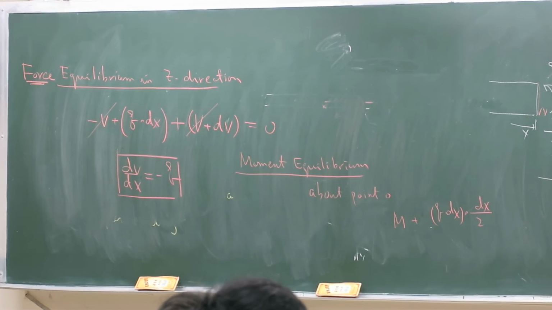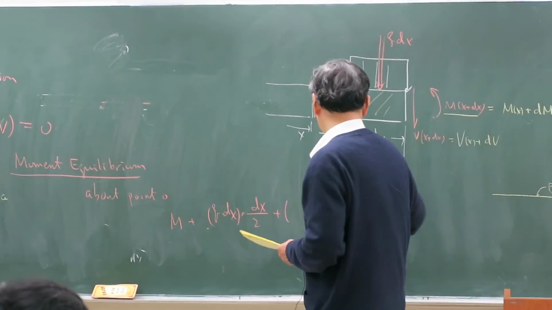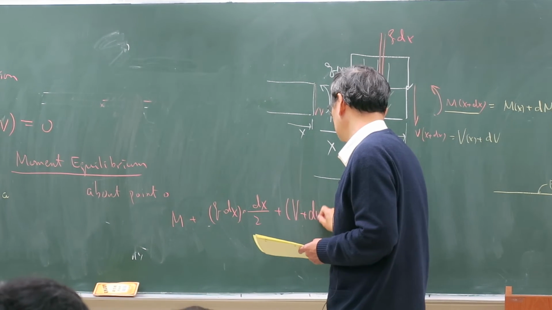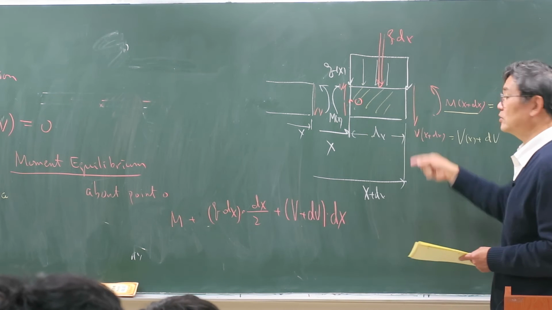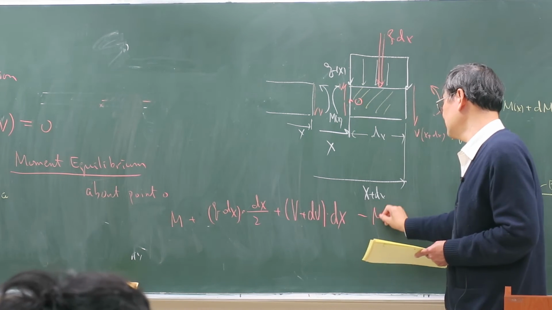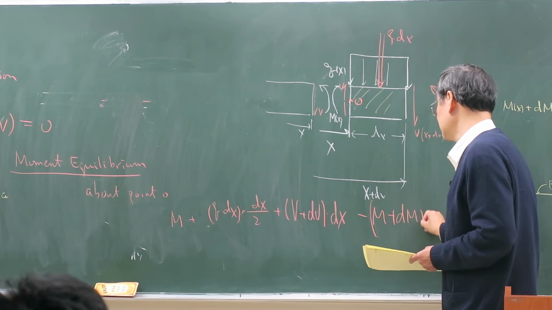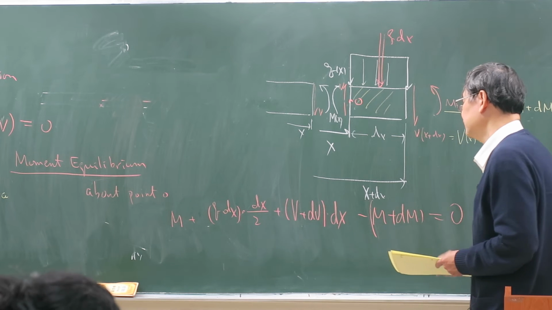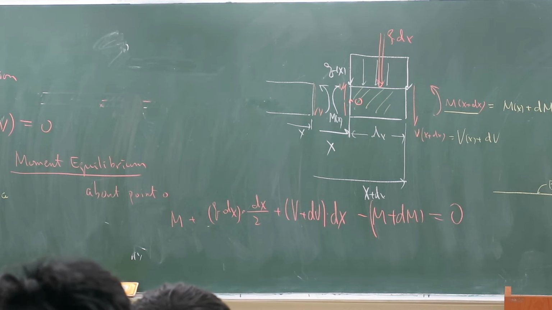Plus the v plus dv times dx, and subtract the moment minus m plus dm, equal to 0. This is equilibrium of moment at point O.